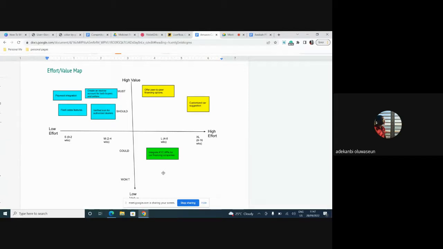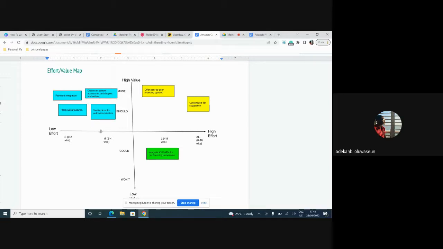Now what does this mean? Any feature that is here is high value and high effort. It will take us a long time to build, but it will return the highest value to the customer. Any feature on this side of the quadrant will take a low amount of effort to build and give us the highest value to the customer.